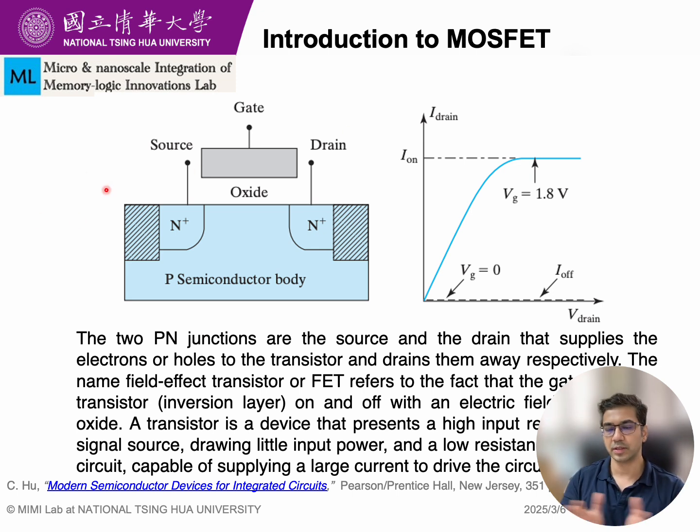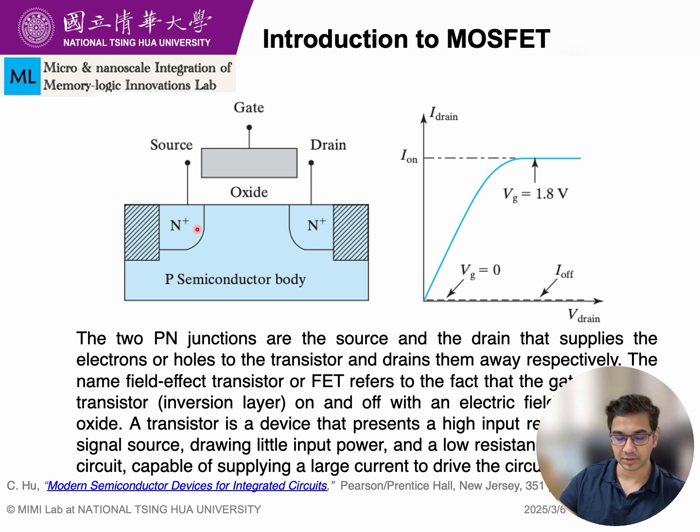Let's keep the type of carriers at an abstract level. Still, we know that for a p body semiconductor with n plus regions buried here, we are talking about an n-type MOSFET, where electrons conduct the current, and electrons are the minority carrier in this p body.